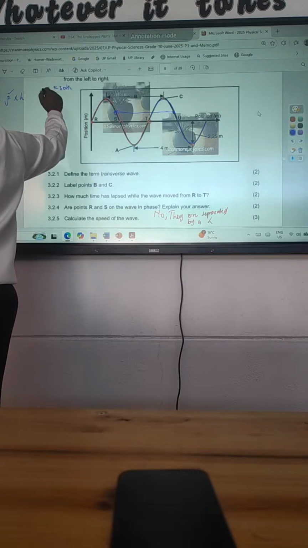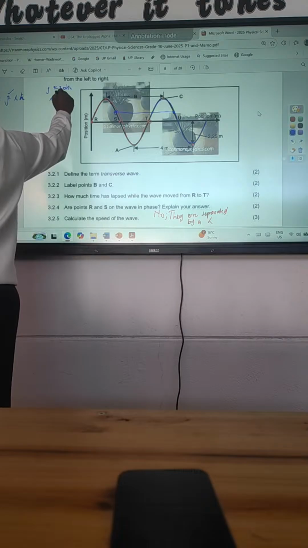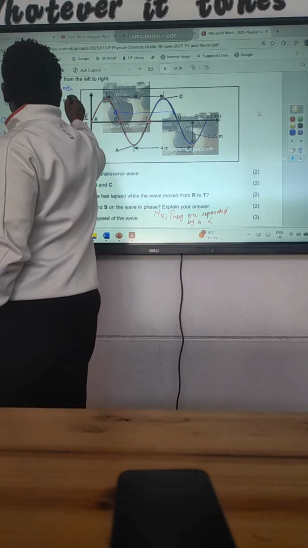And do we have lambda? Yes, which is 4 meters. So the speed will simply be 30 multiplied by 4, which is 120. What are the units? Meters per second, because this is in hertz and this is in meters.